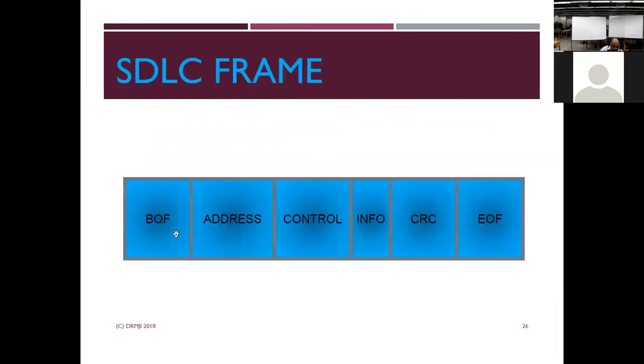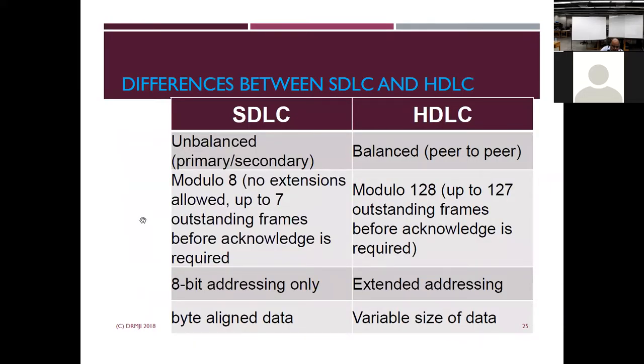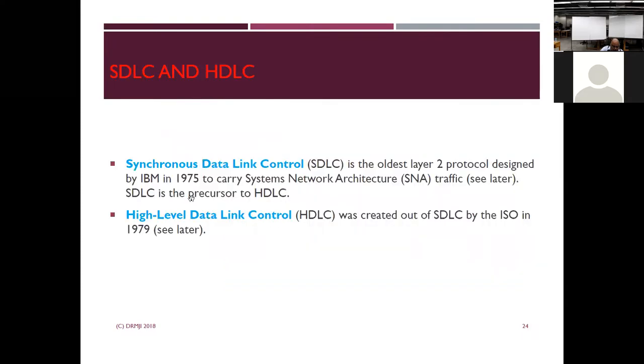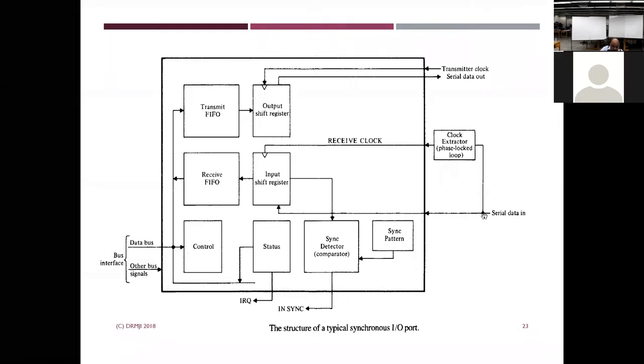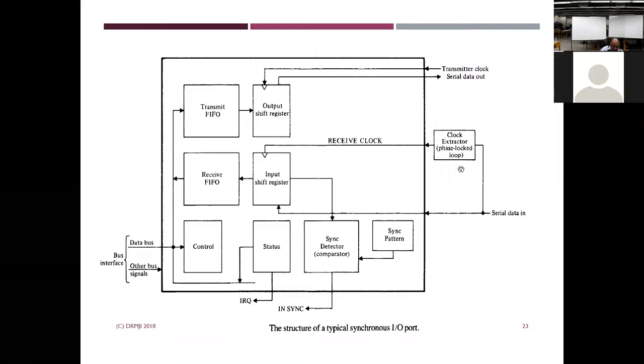So this is a frame. Since, as I said, the clock is embedded in the data, when you are not sending anything, you are basically sending clock in a synchronous protocol. On the receiving end, we have this phase lock loop that can extract the clock from the data so that the remote signal and the local clock generators are exactly in phase.